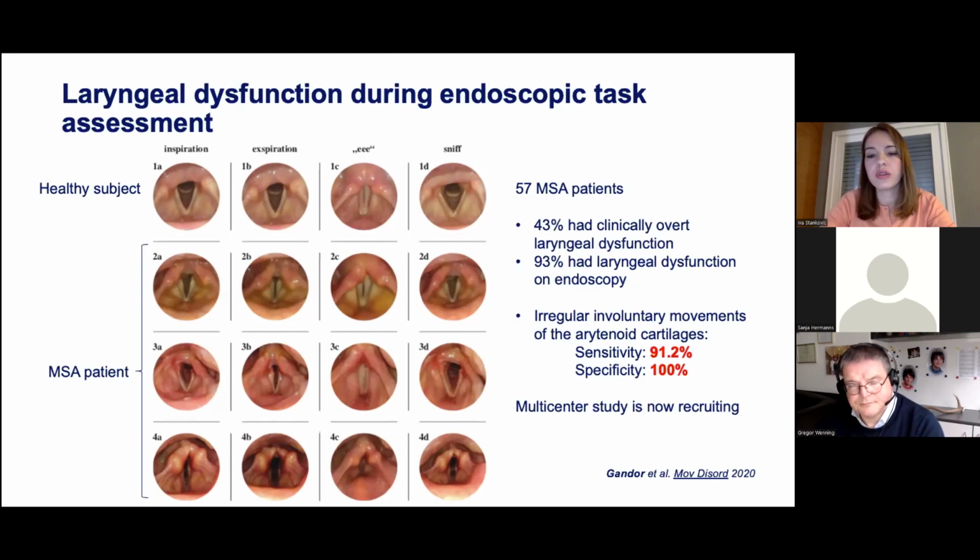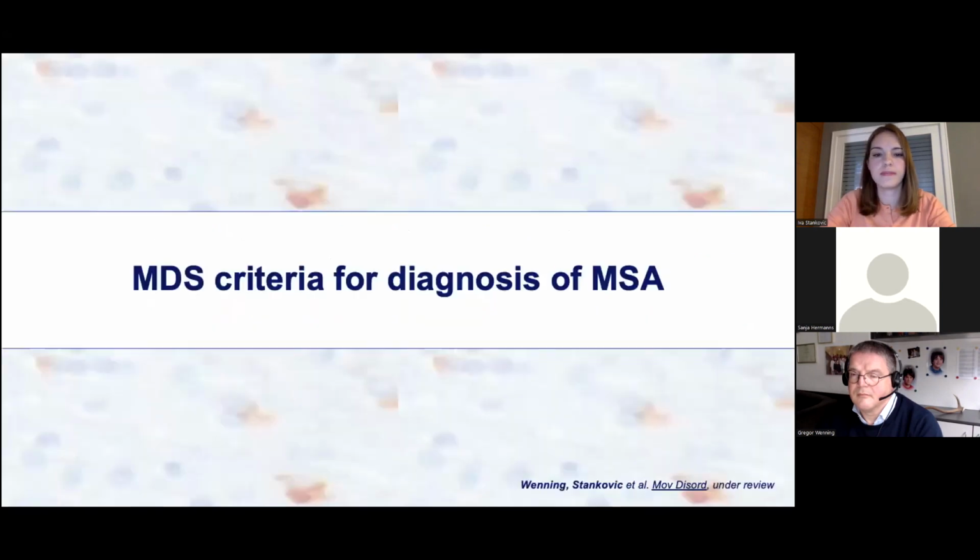Actually, in this study, 43% of patients had clinically overt laryngeal dysfunction, but when these patients were examined on endoscopy, almost all of them showed signs of laryngeal dysfunction. And among these findings, irregular involuntary movements of the arytenoid cartilages had this 100% specificity and more than 90% sensitivity. A multi-center study is now recruiting patients.